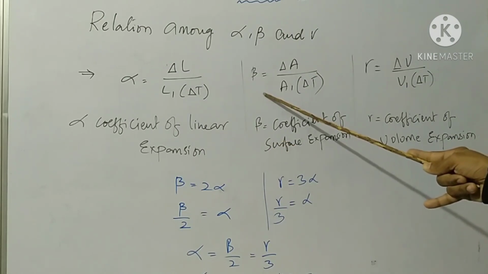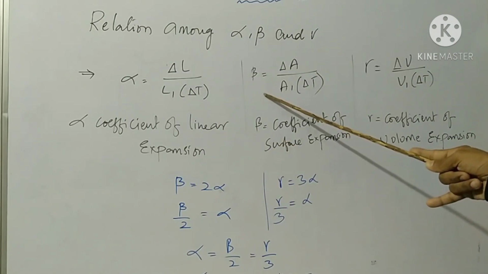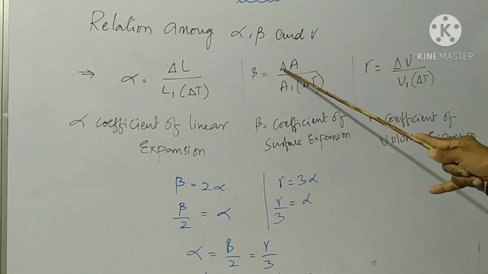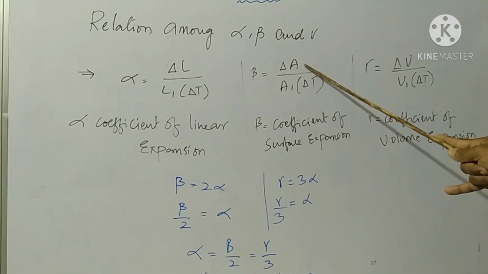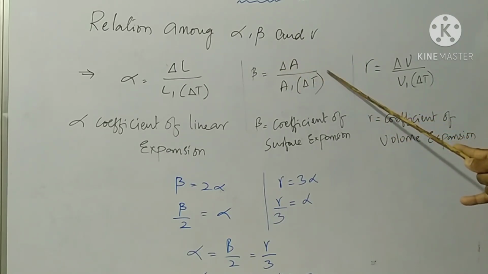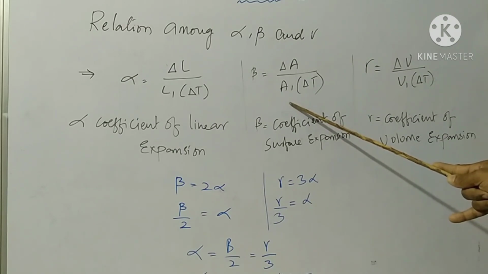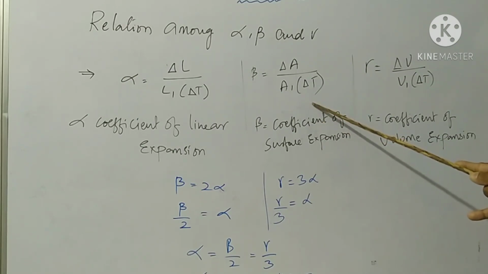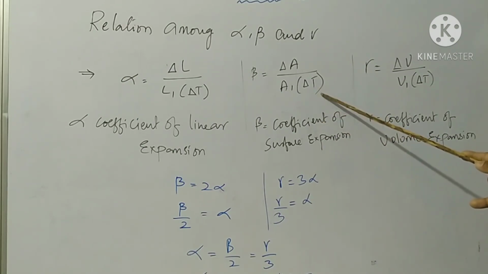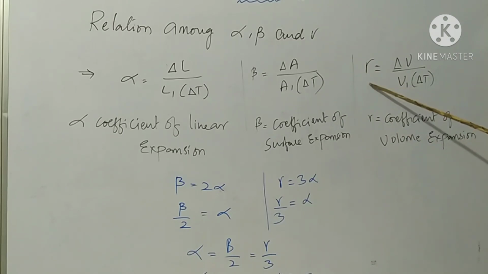Here beta is the coefficient of areal expansion: delta A, the change in area, by A1, the starting area of the material, into change in temperature delta T. Last one, gamma, the coefficient of volume expansion, is the change in volume by the starting volume of the material into change in temperature.